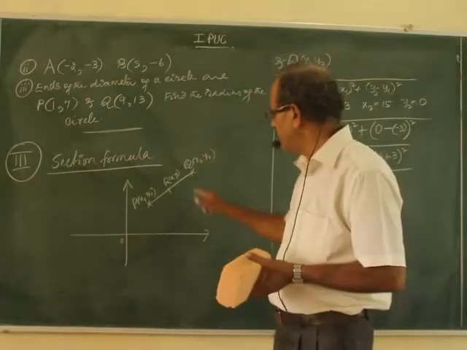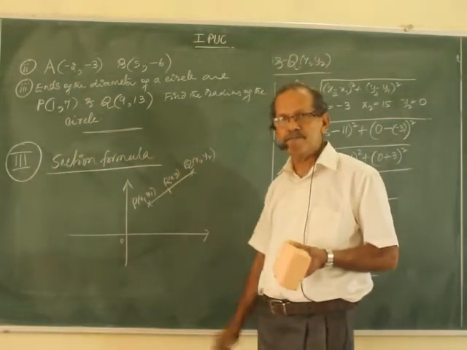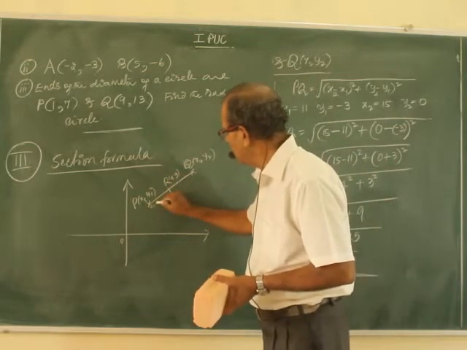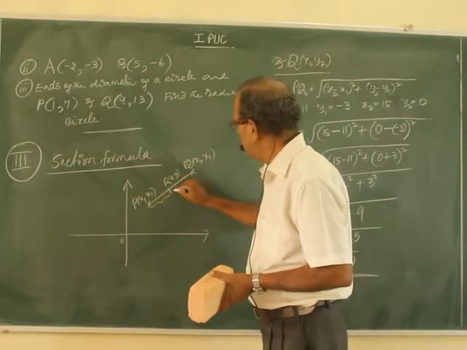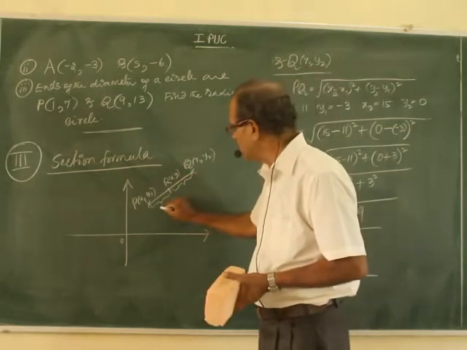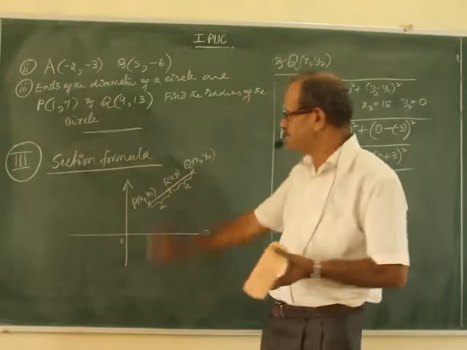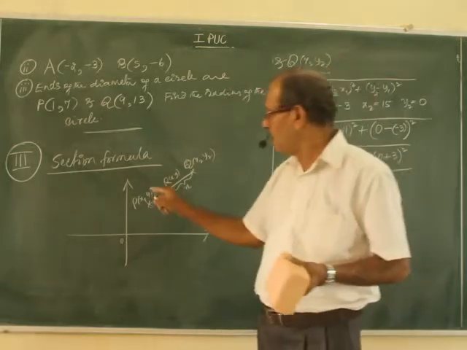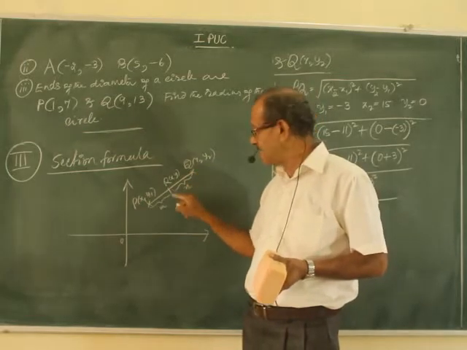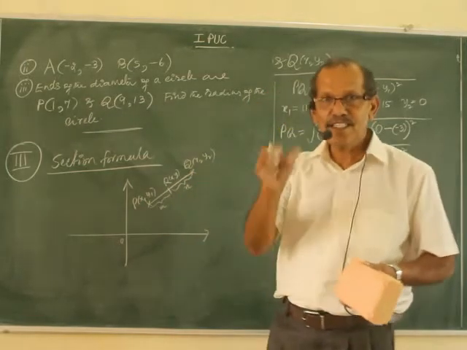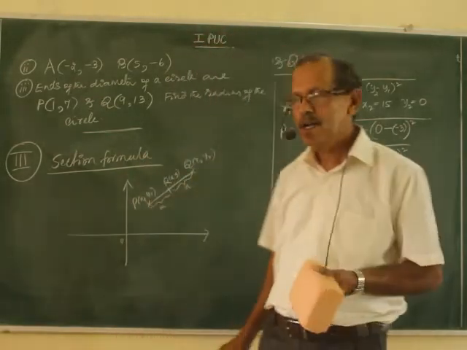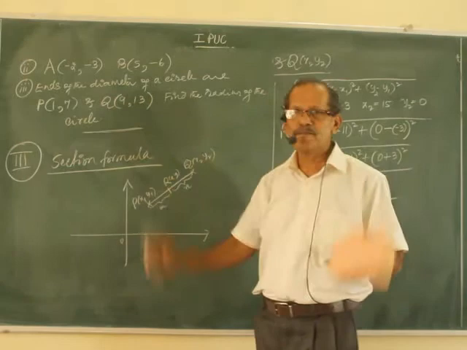Here, find the coordinates of R such that R divides the line joining points PQ internally in the ratio m:n. Points are given, x1, y1, x2, y2 also given, and the ratio is given. In which ratio R divides the line joining, it is given. You have to find x as well as y.